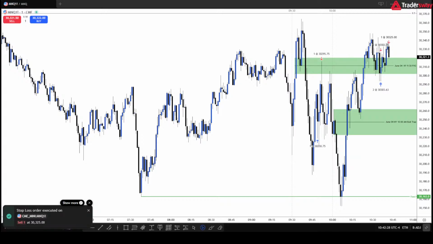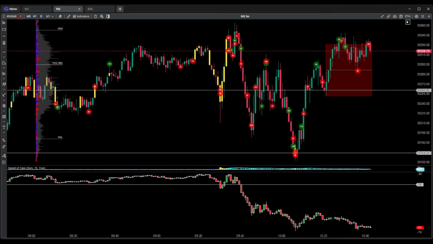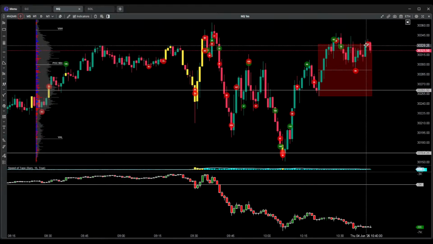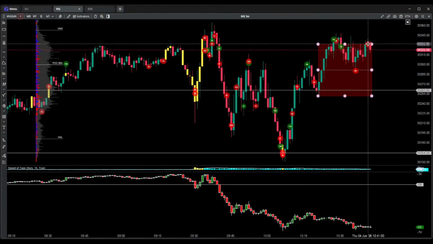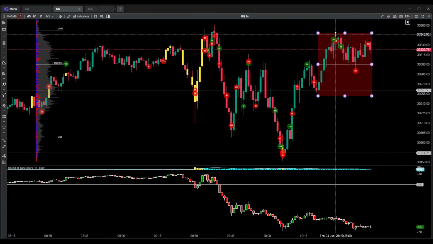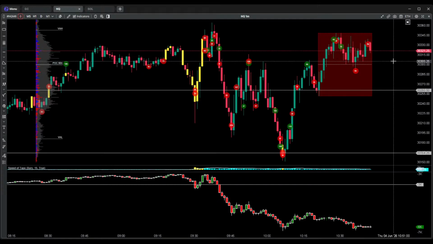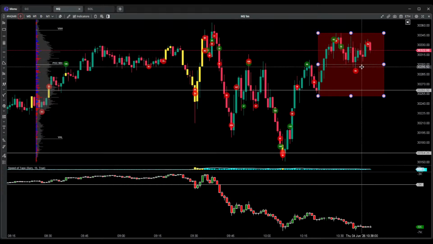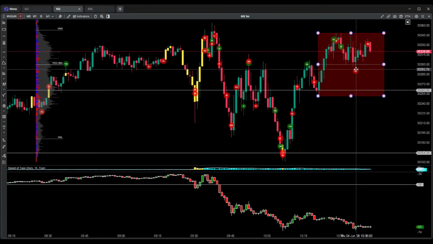I'll show you guys. There you go. Order flow tells us 76 contracts was sold at this high. So we have aggressive sellers that can push the price lower anytime they want. Respected 50%. At 50%, that was the signal.